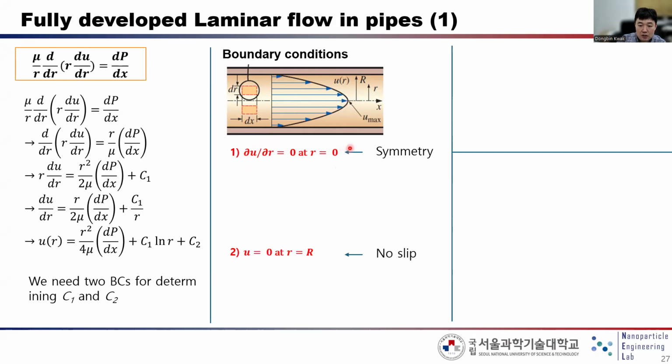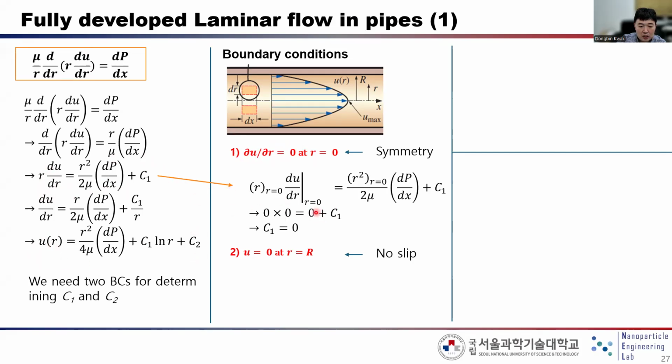The second condition is at the wall, where the r coordinate is the radius of this tube, and the velocity is zero because of the no slip condition. By using these two conditions, we can determine C1 and C2. Because we already know this is zero, we use this equation, not that one.